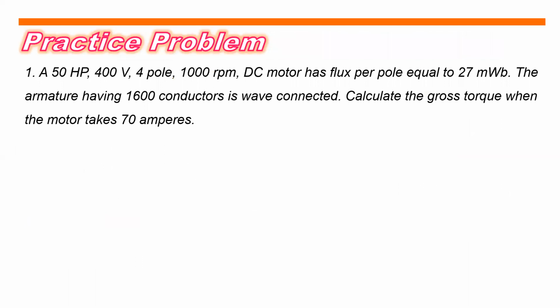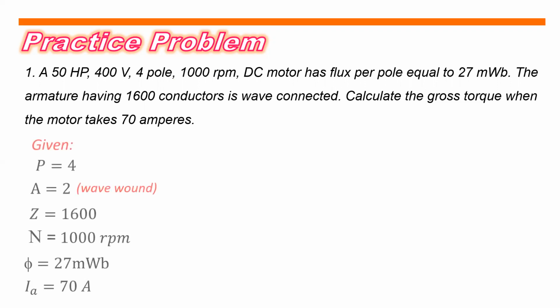So let's have a practice problem. For number 1, a 50 horsepower, 400 volt, 4-pole, 1000 RPM DC motor has flux per pole equal to 27 milliweber. The armature having 1,600 conductors is wave connected. Calculate the gross torque when the motor takes 70 amperes. So let's have the following given.